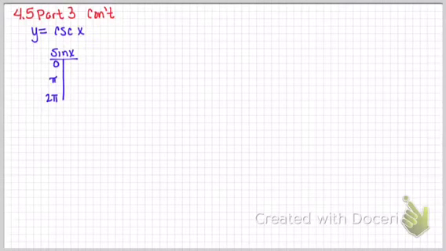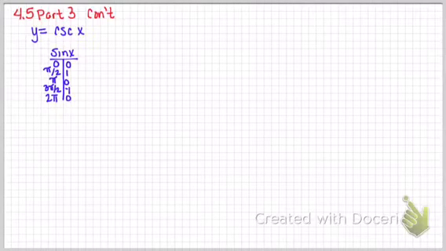And let's use our interval, so halfway between 0 and 2 pi, halfway between 0 and pi, halfway between pi and 2 pi. Sine starts with the origin, and goes up, comes down, and then goes back to the 0.